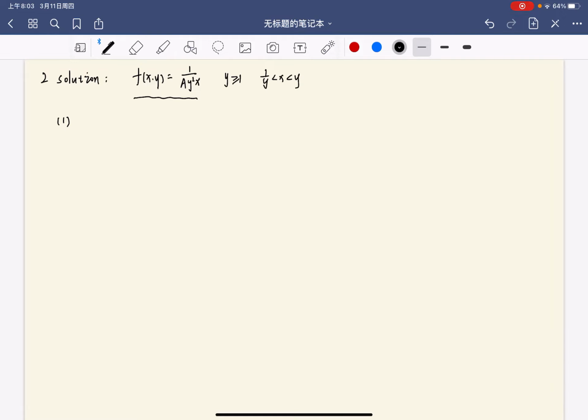according to the statement in the question, we can write the definition region. It should satisfy y is smaller or equal to 1 and x is smaller than y and x is greater than 1 divided by y, and so we can draw the definition region.